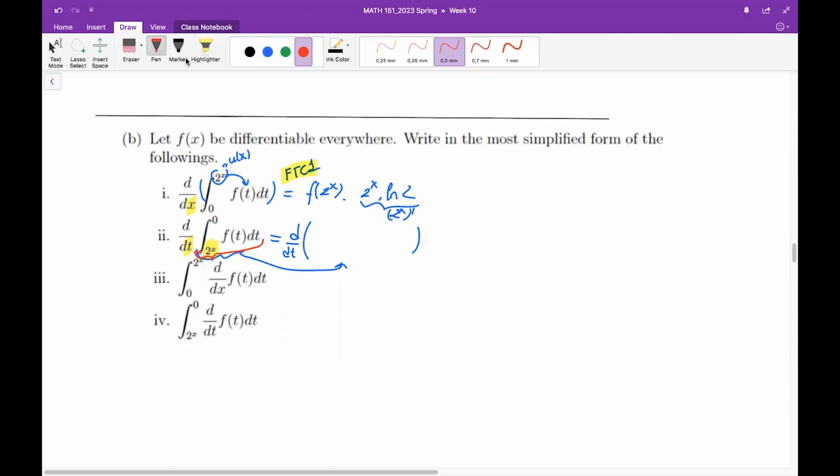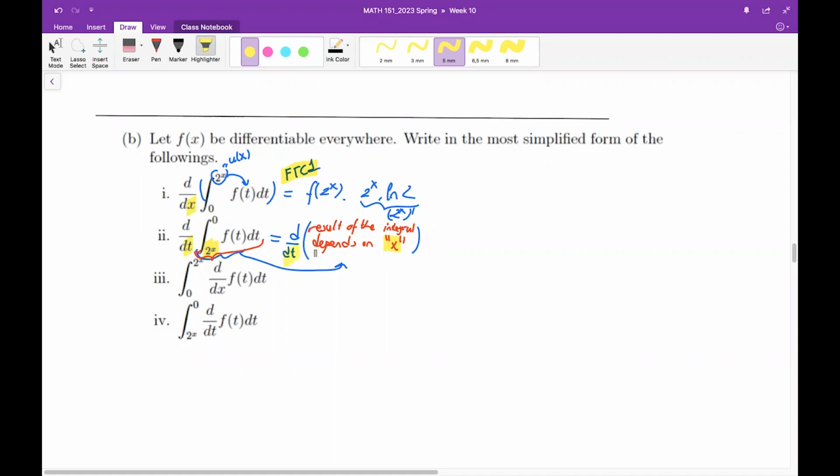So the result of the integral depends on which variable? x. Exactly, not t, but x. You have to be careful on that because in the boundaries, you are inserting something depending on x. So the result of that integral, we don't know the result, but we know that that result depends on x.